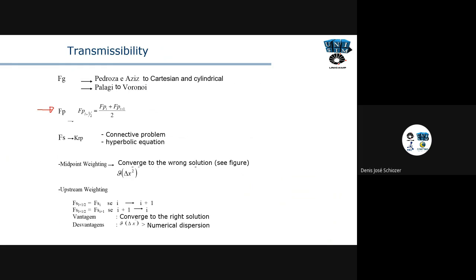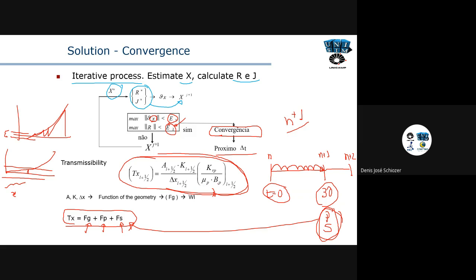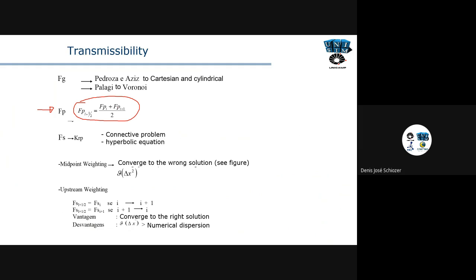The fractional pressure normally is given, for example, let's pick up something that's a function of pressure. For example, the viscosity is a function of pressure. So I need to calculate the viscosity of the flux that is going from block i to i plus 1. In block i, I have pressure i, and in block i plus 1, I have this other value.